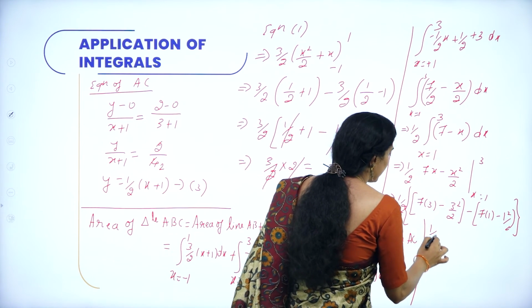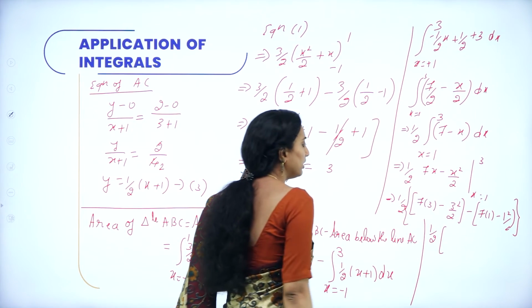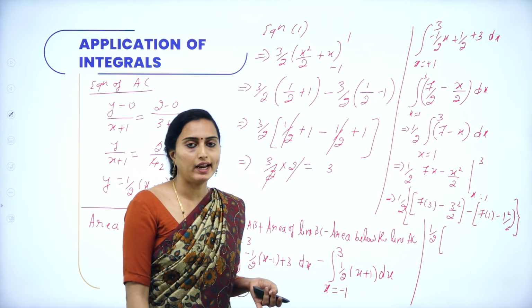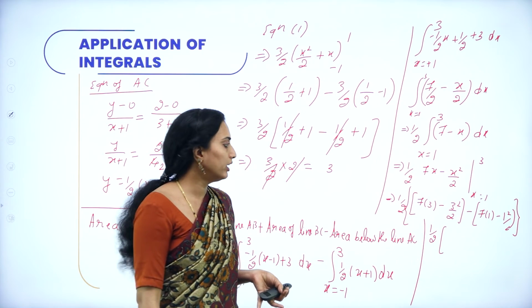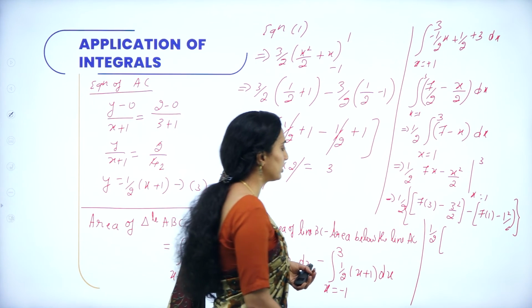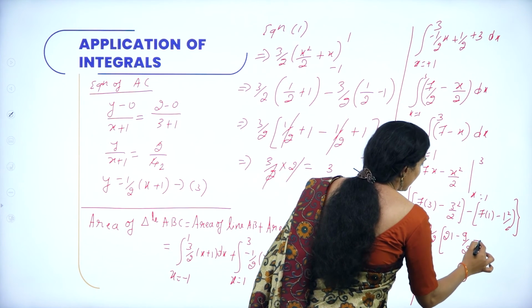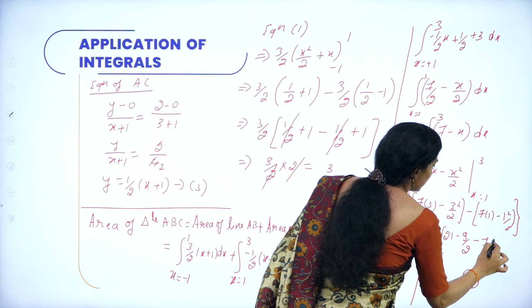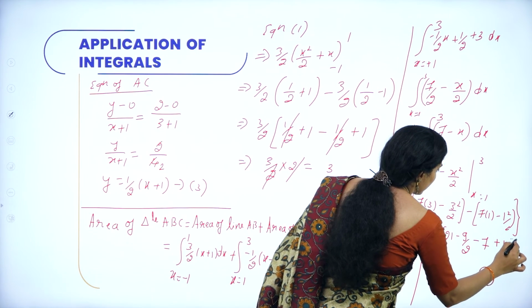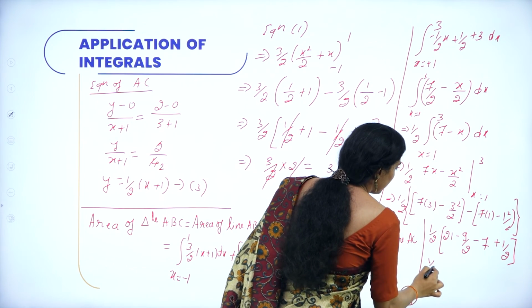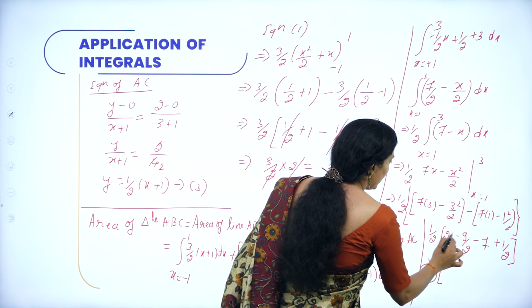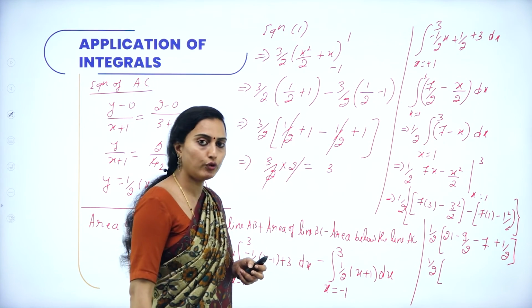So half as it is. So here 7 3s are 21 minus 9 divided by 2, minus 7 minus into minus plus 1 by 2. Now which will become 1 by 2 into, I can take 21 minus 7 gives you 14.